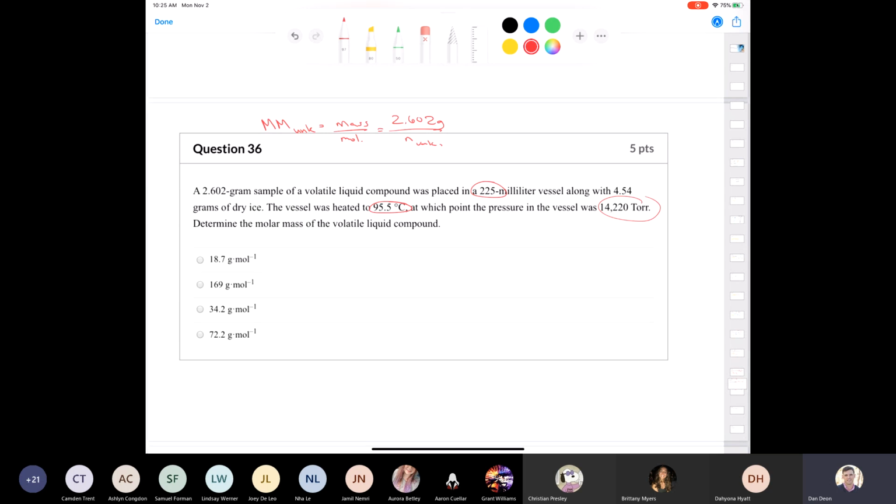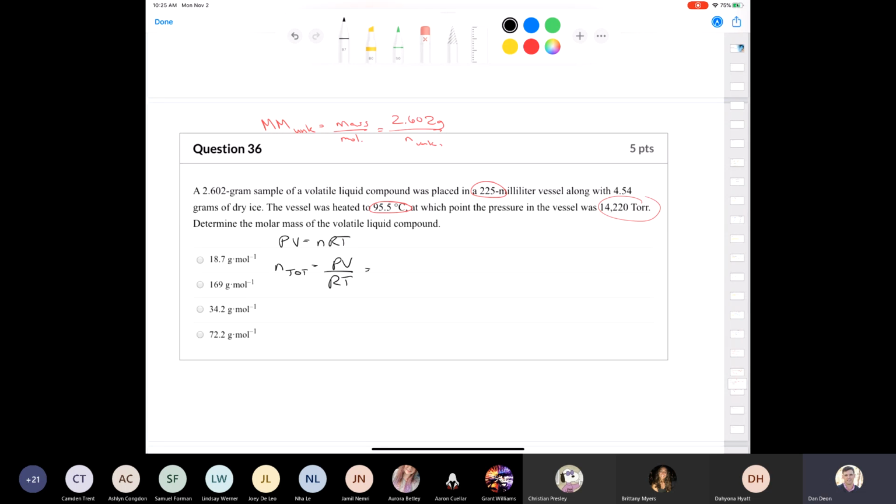Because remember, when I solve for the number of moles using PV equals nRT, it's irrespective of the identity of the gas or gases. And so if I have PV equals nRT, when I solve for n, I'm going to get the total number of moles, right, using PV over RT.